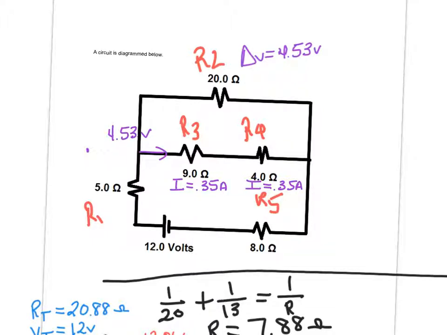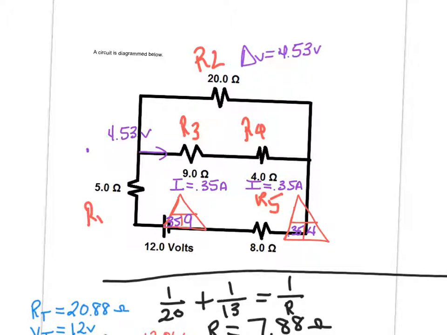How much does it get broken down? Well, we can use the Vert triangle on each of those. Solving for the voltage drop using current values, 0.35, and 9 is this resistance. Same thing over here, it would be 0.35 times 4, that resistance.